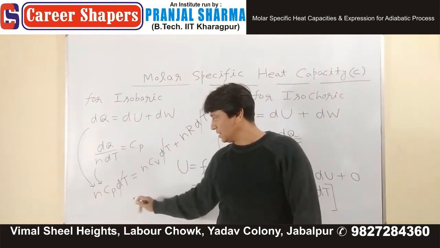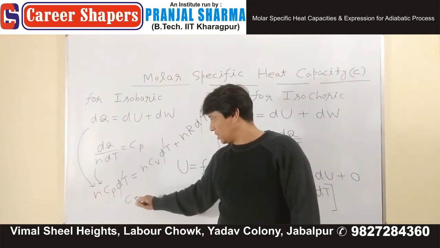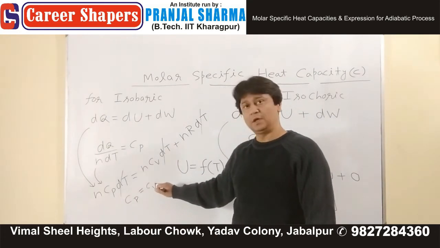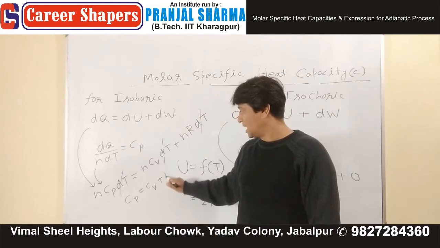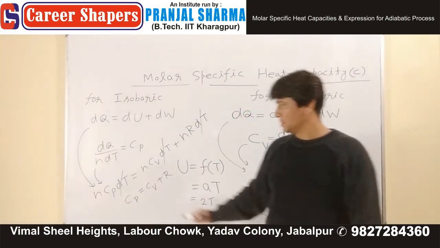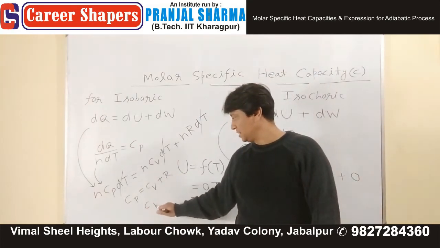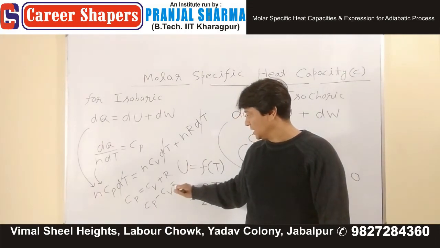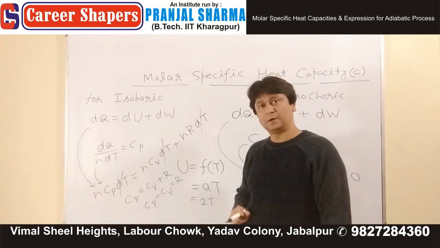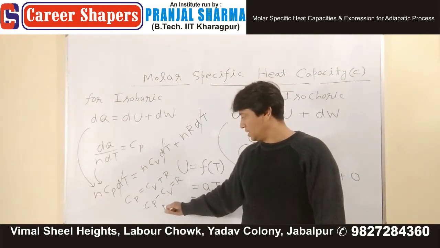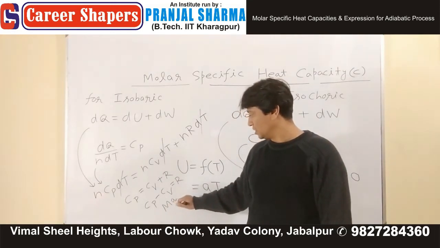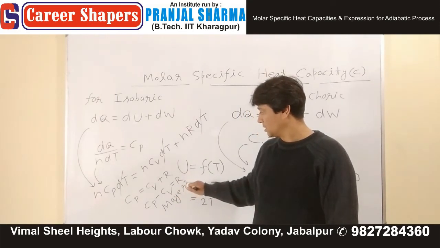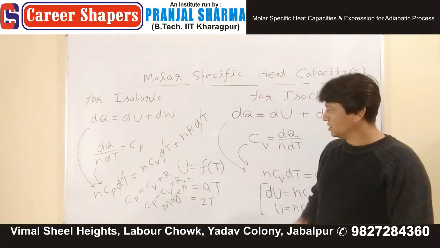N cancelled. We got Cp equals to Cv plus R, which is Cp minus Cv equals to R. This is called Mayer's formula.